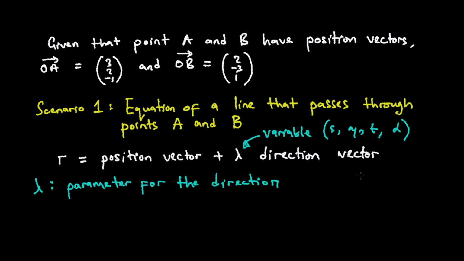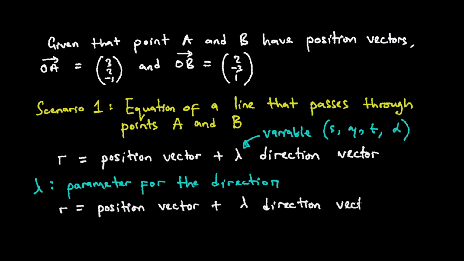Now, if we revert back to our question, to answer this question, which wants the equation of a line that passes through points A and B, we begin by writing the equation of a line: r is equal to position vector plus lambda direction vector. That is what we begin with. What then are we going to do?